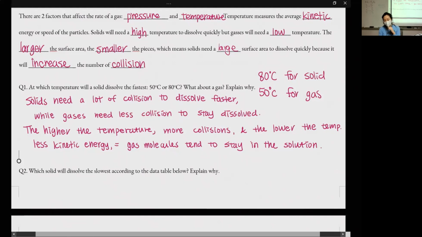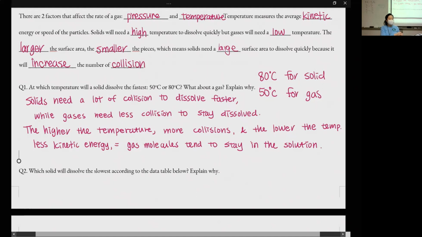Therefore, you want to limit the number of collisions, or limit the energy that the gas particles have. So that is why if you want to dissolve the gas, imagine soda or Coke, any kind of carbonated drink, if you want to have a lot of carbonation inside of the drink, then you want to keep the Coke or the sodas in the refrigerator, which has very low temperature.